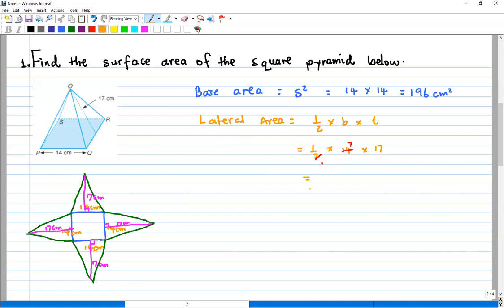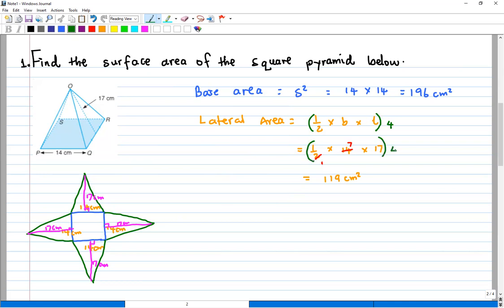7 times 17 will give us 119 centimeters squared. But this is the area of one triangle, and we have 4 triangles. That's why we multiply it by 4, okay?